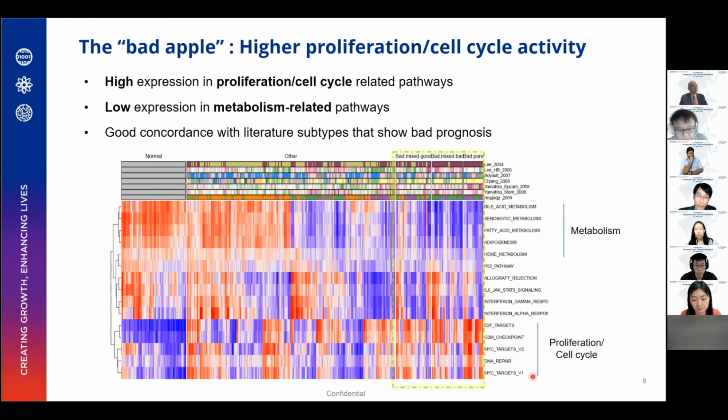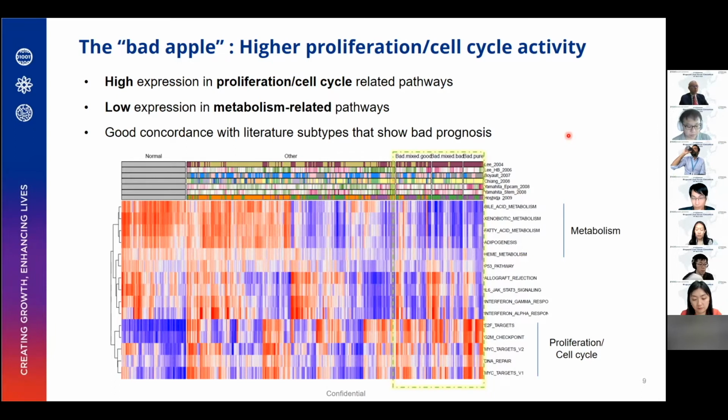Also, we try to correlate our findings with previous publications, and these bad apple subtypes were very similar to the subtypes that show bad prognosis in previous publications. So this looks like quite robust results.